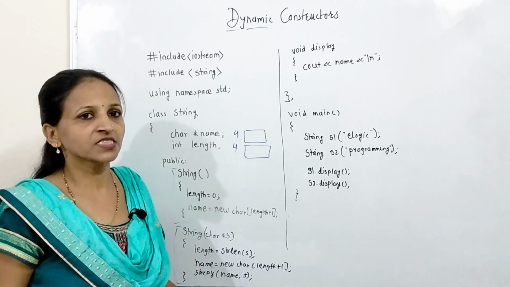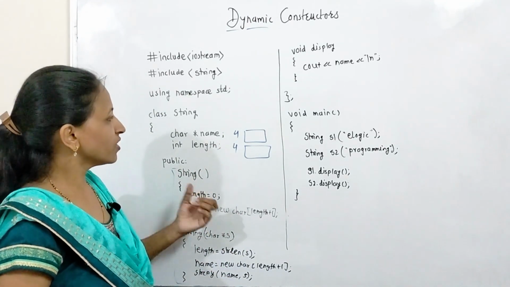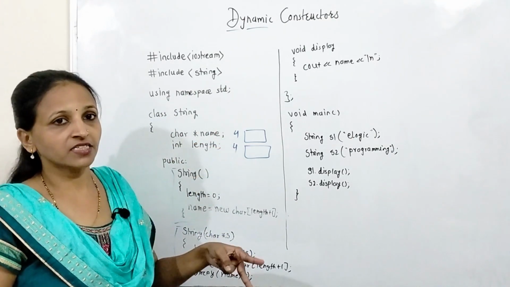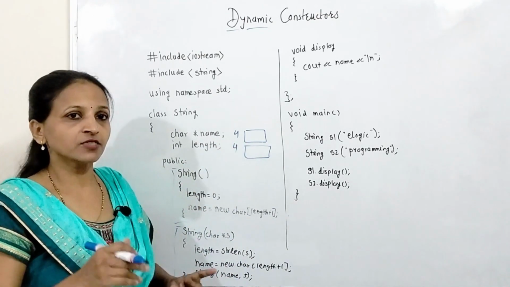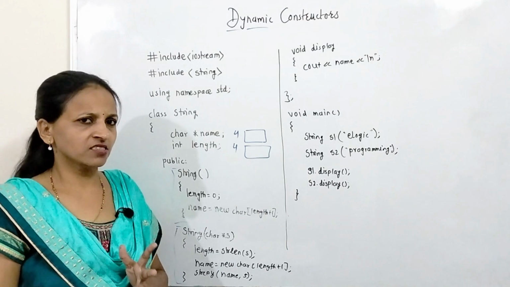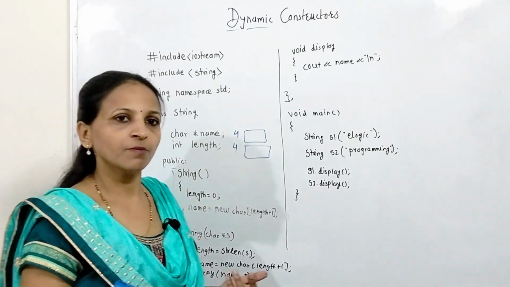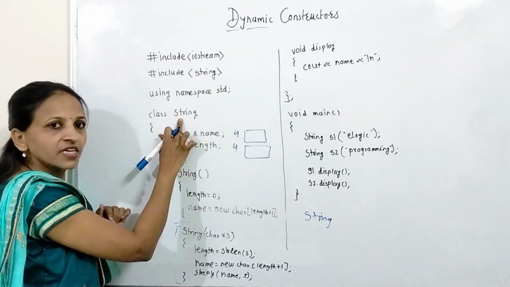If it is a 32-bit system, then of course it will be 2 bytes. Okay, means each and every object of this String class will internally have 8 bytes for storage, and the first 4 bytes will hold the address of that name wherever it is stored, and length will internally have the number of characters inside that string. That's it.